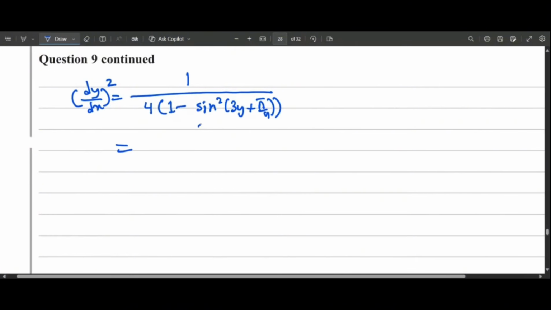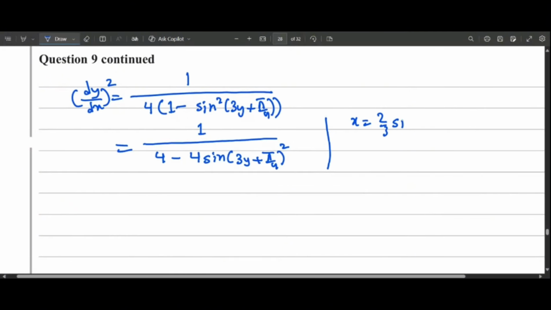Then again we can simplify, we can expand the brackets, and this will be equal to sine 3y plus pi by 4 squared. We know that x is equal to 2 by 3 sine 3y plus pi by 4. From this we can see that 3 by 2x is equal to sine 3y plus pi by 4.